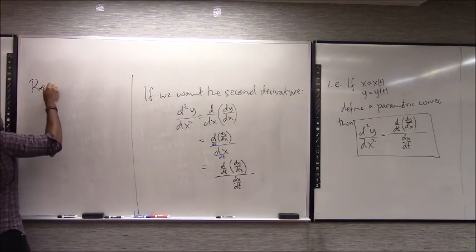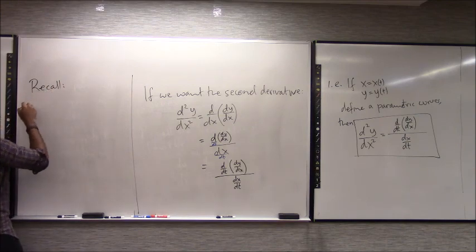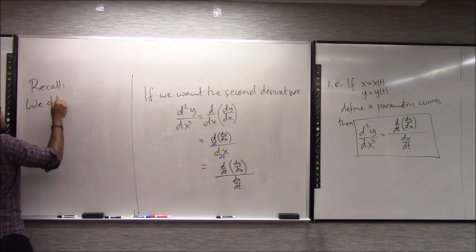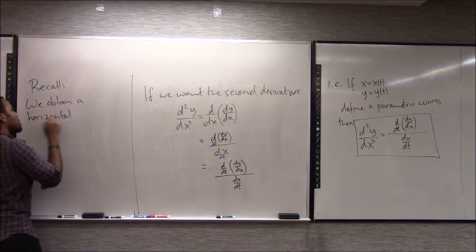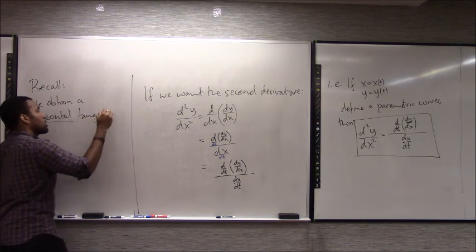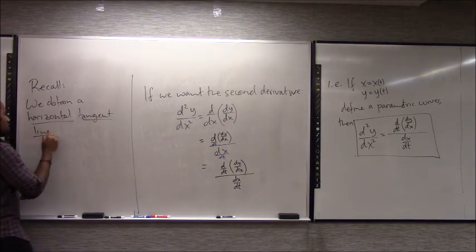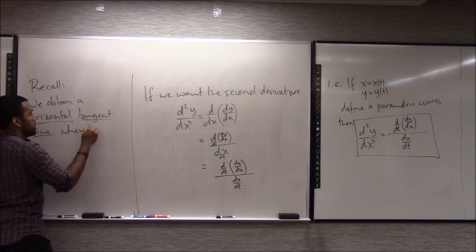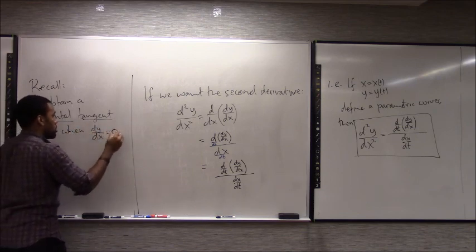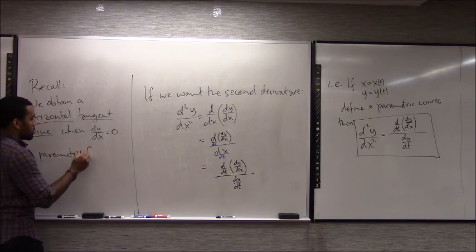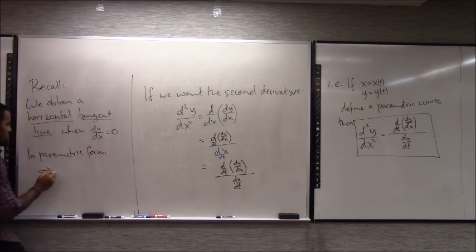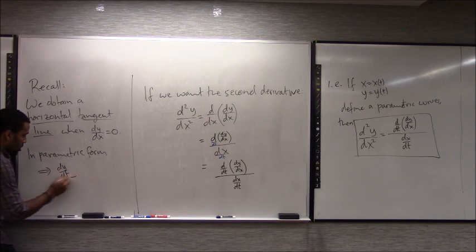Now recall, we obtain a horizontal tangent line when dy dx equals 0. Of course, in parametric form, this means that your dy dt over dx dt equals 0.